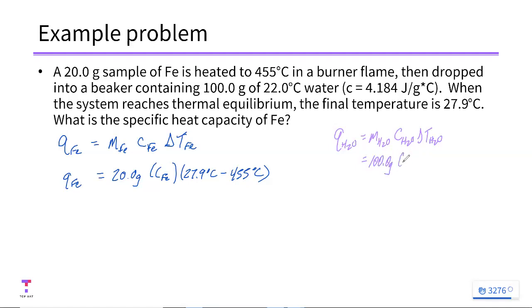The specific heat of water is 4.184 joules per gram degrees Celsius. And delta T, we end at 27.9 degrees, and we started at 22.0 degrees. And so if I did this subtraction, I would have a positive 5.9 degrees Celsius.